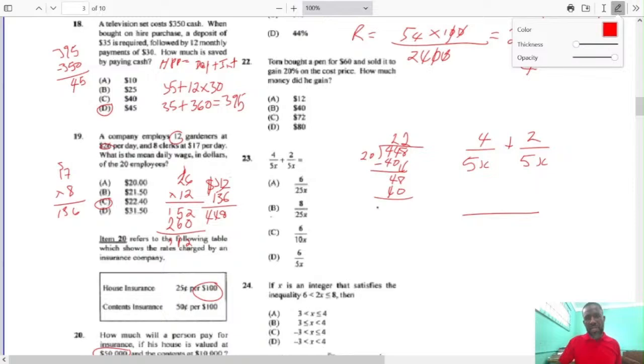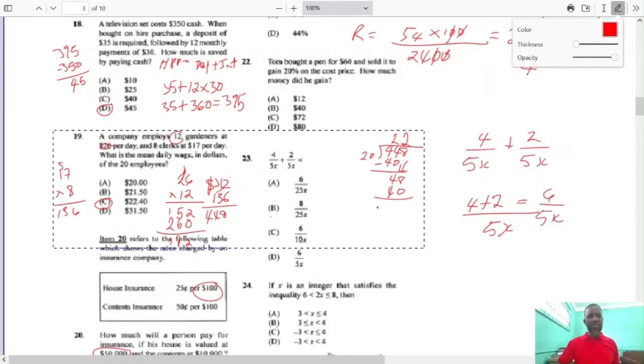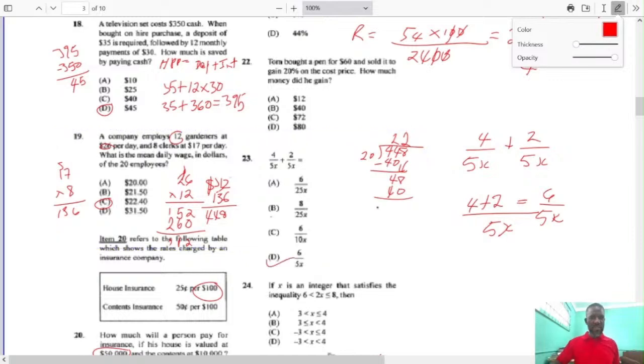So since we have the common denominator being 5x, what we are simply going to do is add the numerators. So 4 plus 2 will give us 6 over 5x. All right. So the answer for that is D.